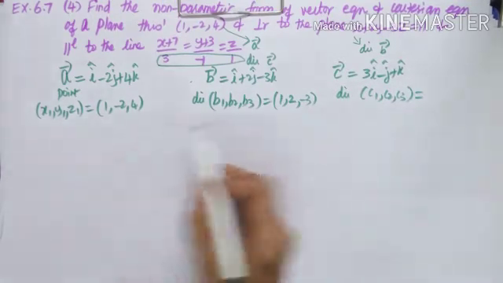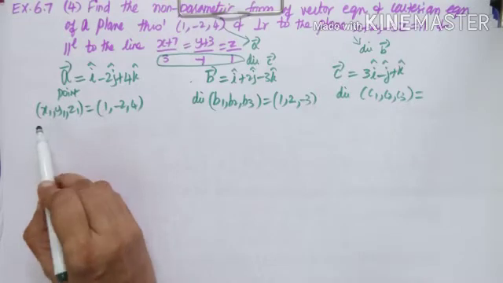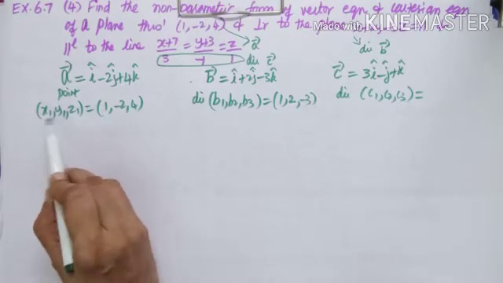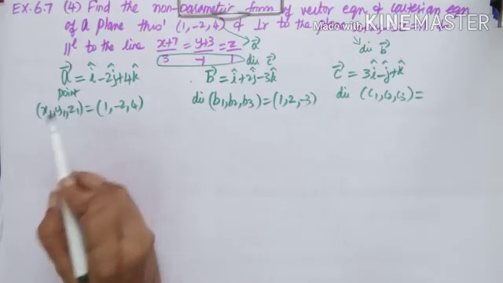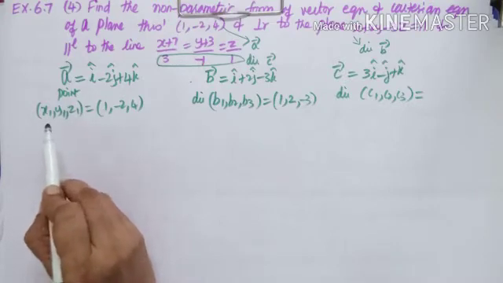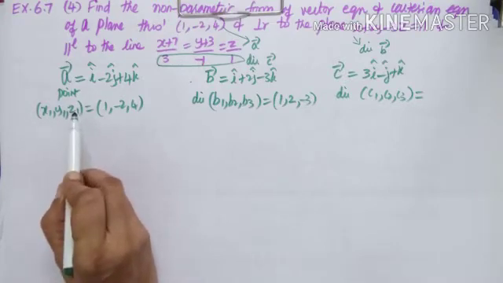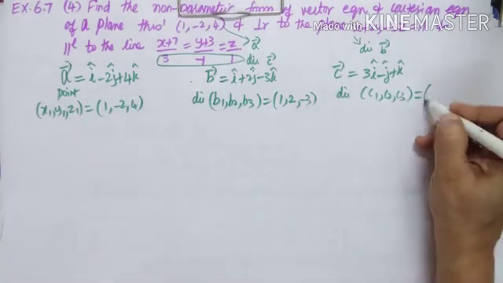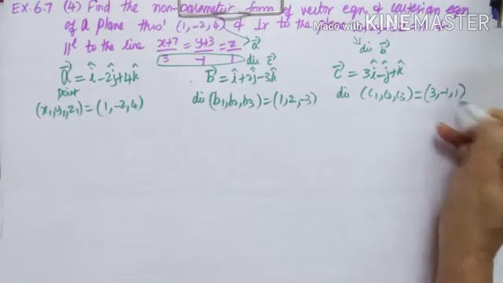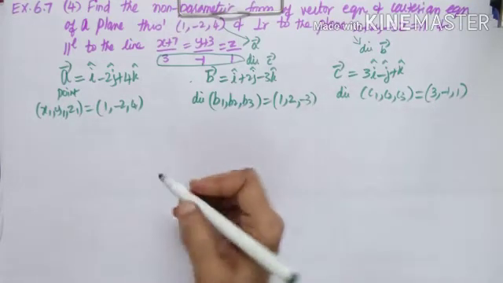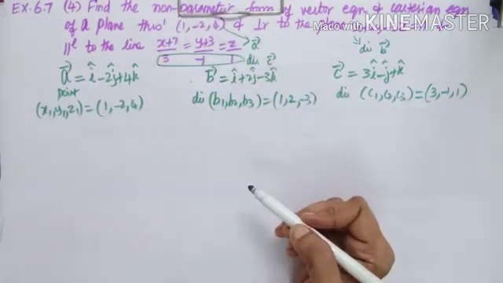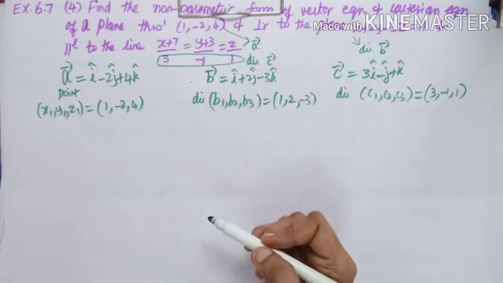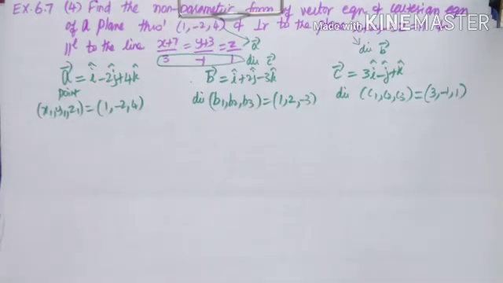Let us remember these things properly. Points we take x, y, z. First point x1, y1, z1. Second point x2, y2, z2. Third point x3, y3, z3. Directions we take b1, b2, b3, c1, c2, c3. So I get 3, minus 1, 1. Now let us remember to write that non-parametric. So before going into that, what is the formula?